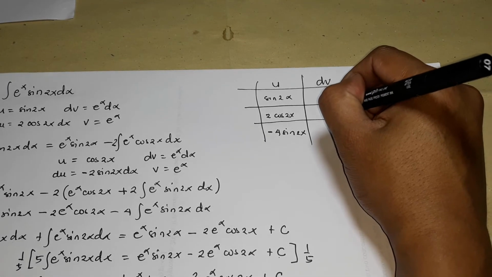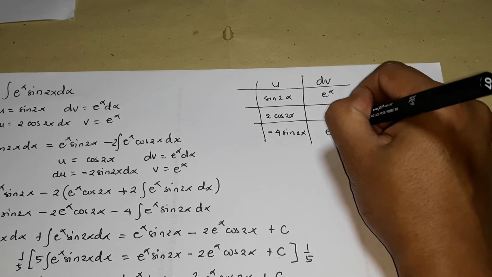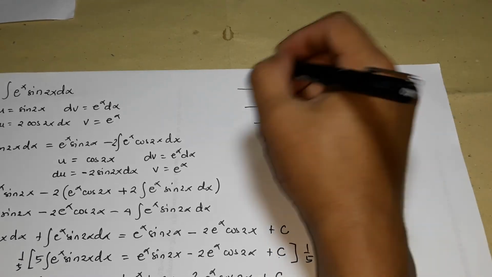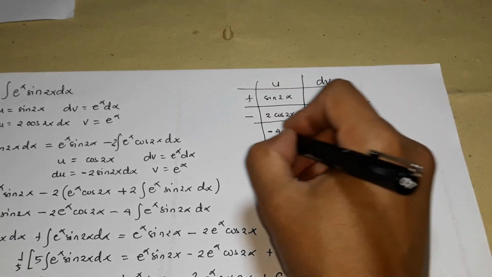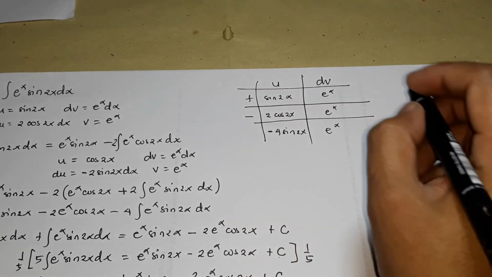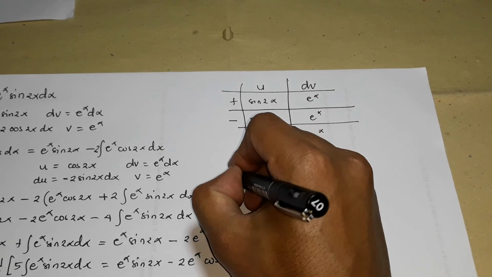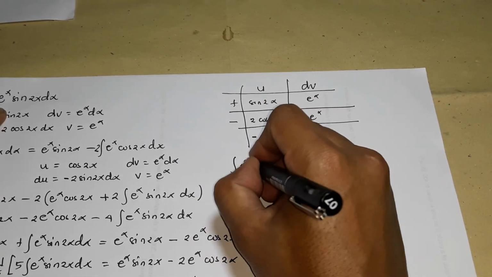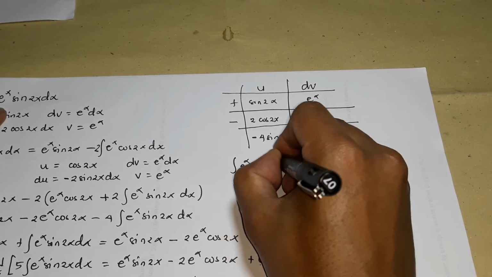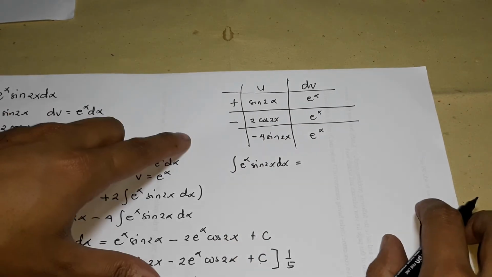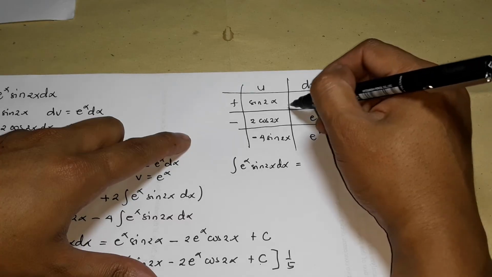So you have e to the x and then e to the x. The distribution of signs will be plus, minus. So here, the integral of the given e to the x sine 2x dx is equal to, then you do the slant multiplication.